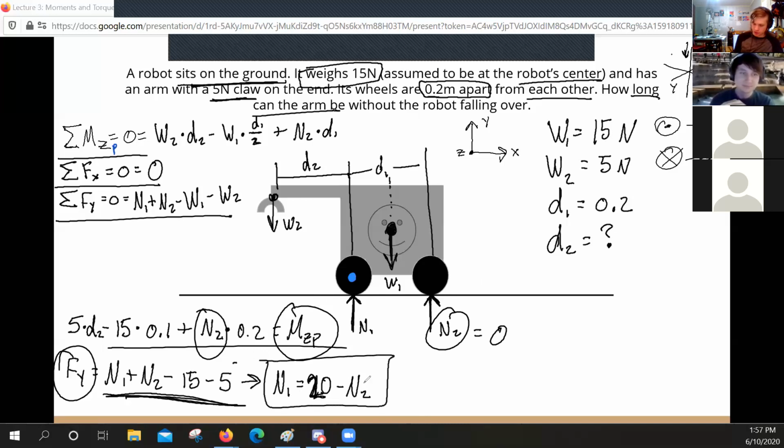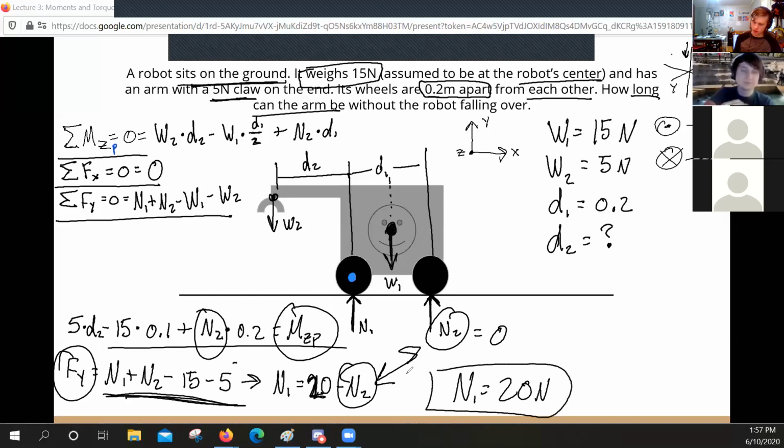So basically finishing it up, N2 is 0. So we can say N1 equals 20 newtons. And then we can take this 20 newtons here, and we can plug it into this top equation. And we can say, I'm going to put it over here, that 5 times D2 minus 15 times 0.1 is going to be 1.5.